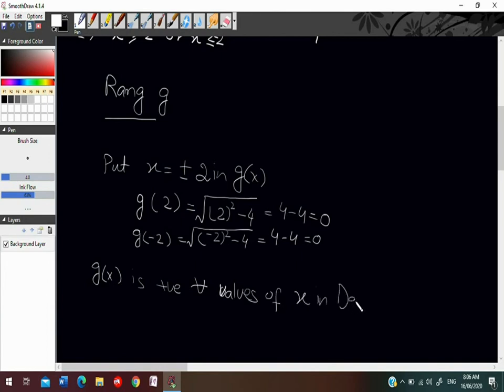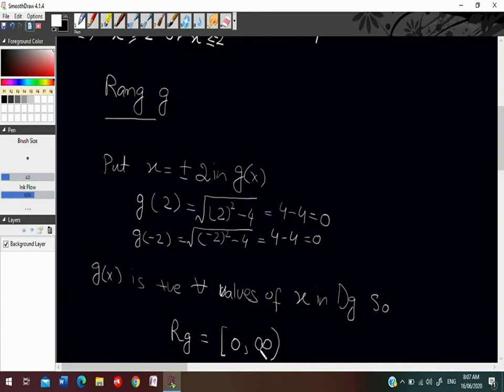So the range of g is from 0 to positive infinity. This is the range of our function.